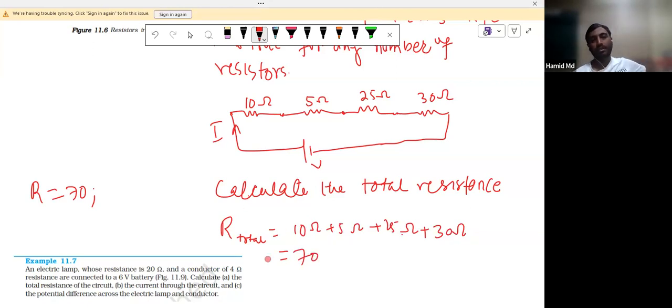So in this case, we see that the resistance is increased. As the resistance is increased, it will oppose the flow of current. As many components as you add, the flow of current will keep decreasing.